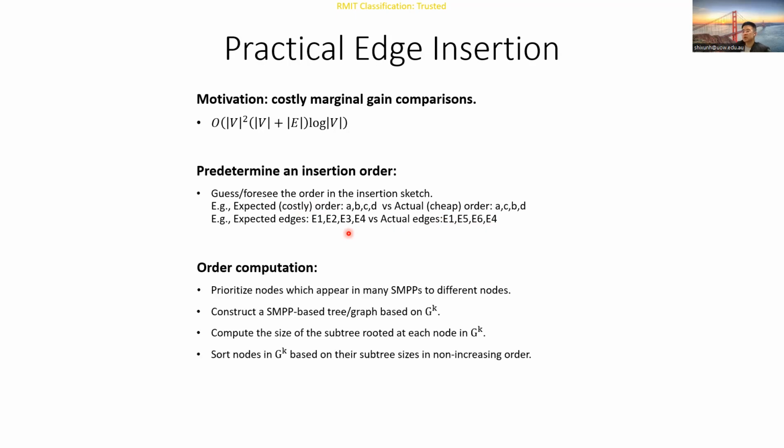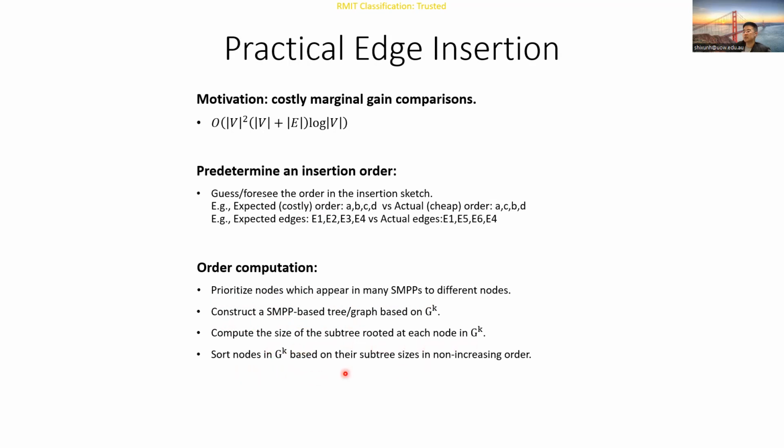So to do this, we need to compute the order. We are based on prioritizing those nodes which appear in many SMPP paths to different nodes. To quantify the appearance, we just need to construct an SMPP-based graph, which consists of all SMPP paths, and compute the size of the subtree at each node.